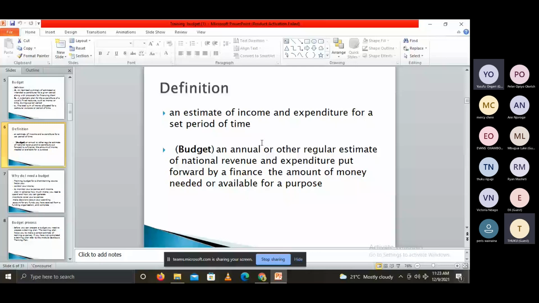So when you talk of a budget, we also talk of it as an annual or other regular estimate of national revenue and expenditure, put forward by a finance, the amount of money needed or available for a particular purpose.